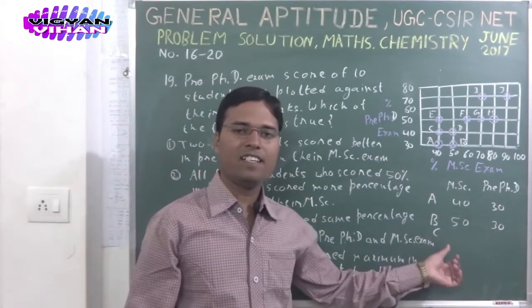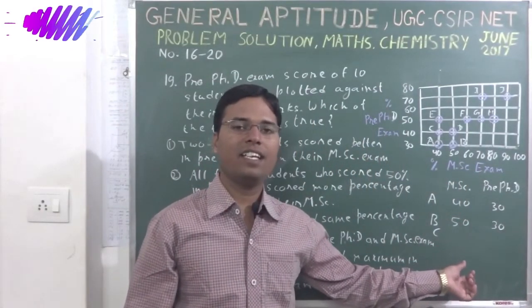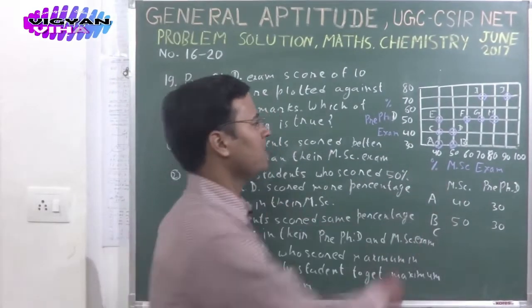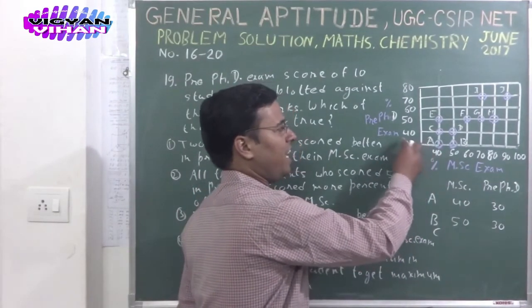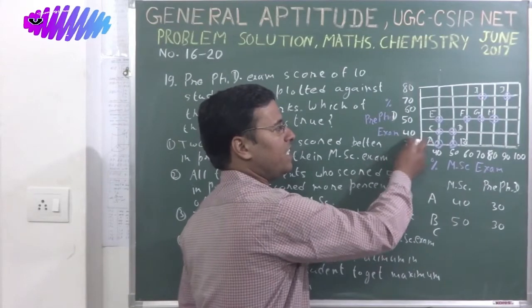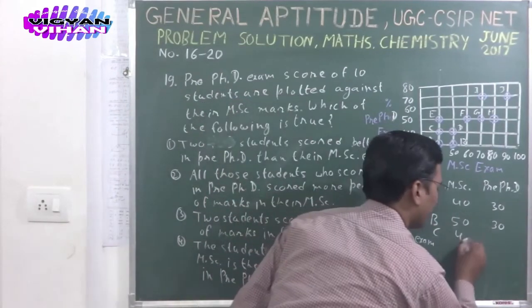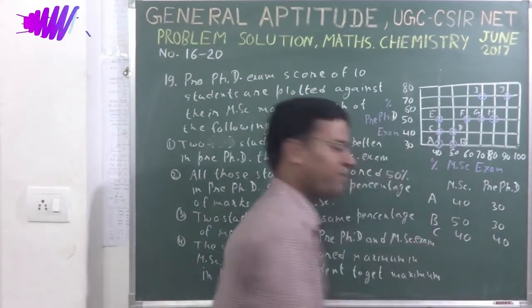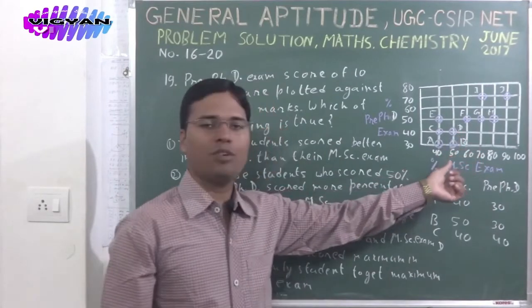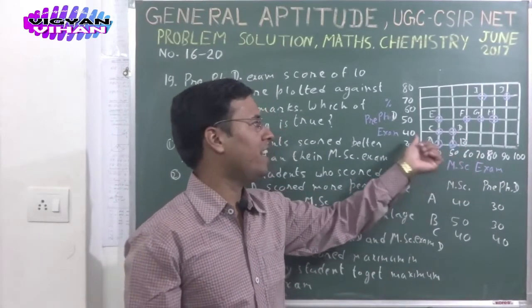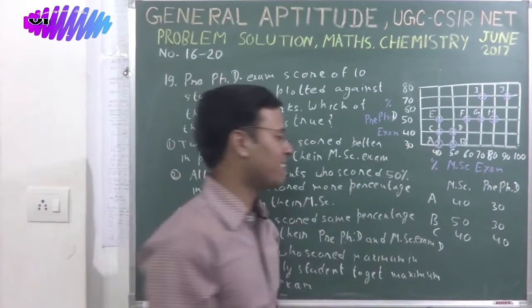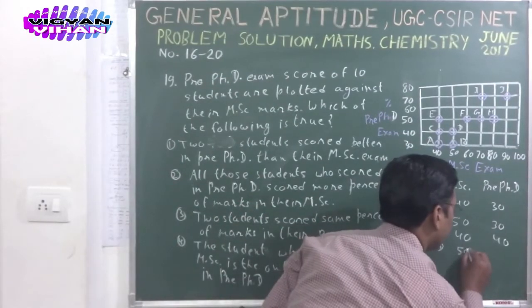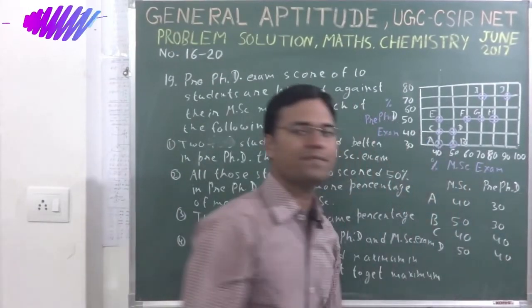For student C, the percentage marks in the MSc exam is 40, and in pre-PhD there is the same percentage of marks, so 40 and 40. Student D scored 50% marks in MSc and 40 in the pre-PhD exam, so we will write here 50 then 40.